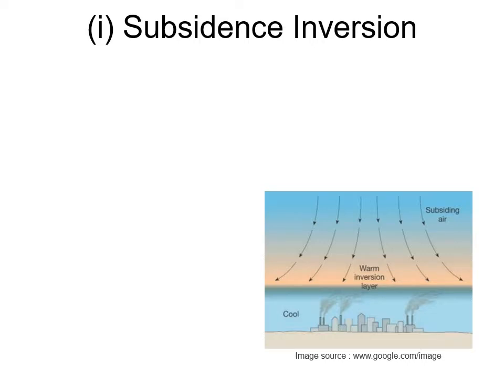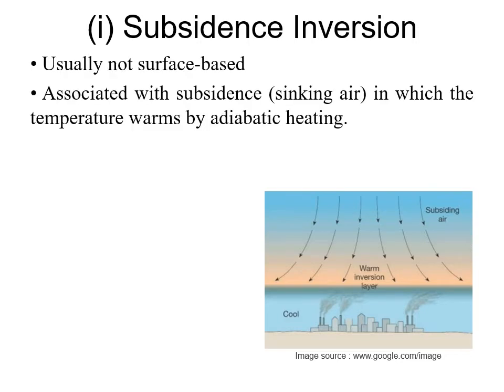Now subsidence inversion, from the name you can get an idea that this type of inversion is basically produced due to the subsidence of air currents, and this type of inversion is not surface based, that means it occurs in the upper atmosphere, and mainly they are found to develop near the subtropical areas.